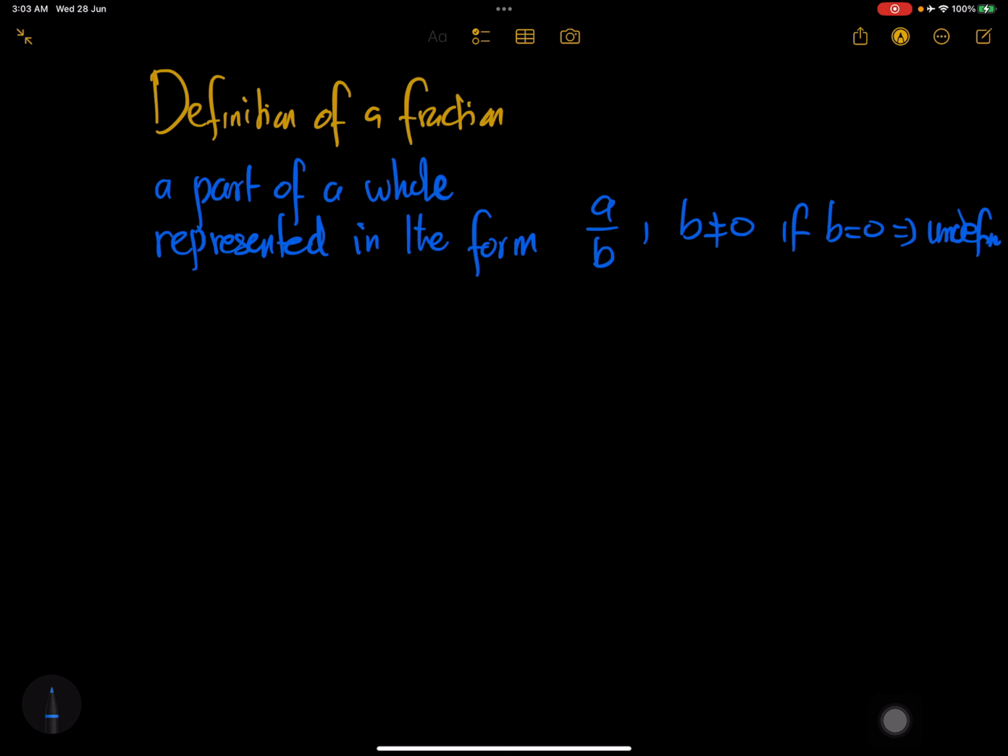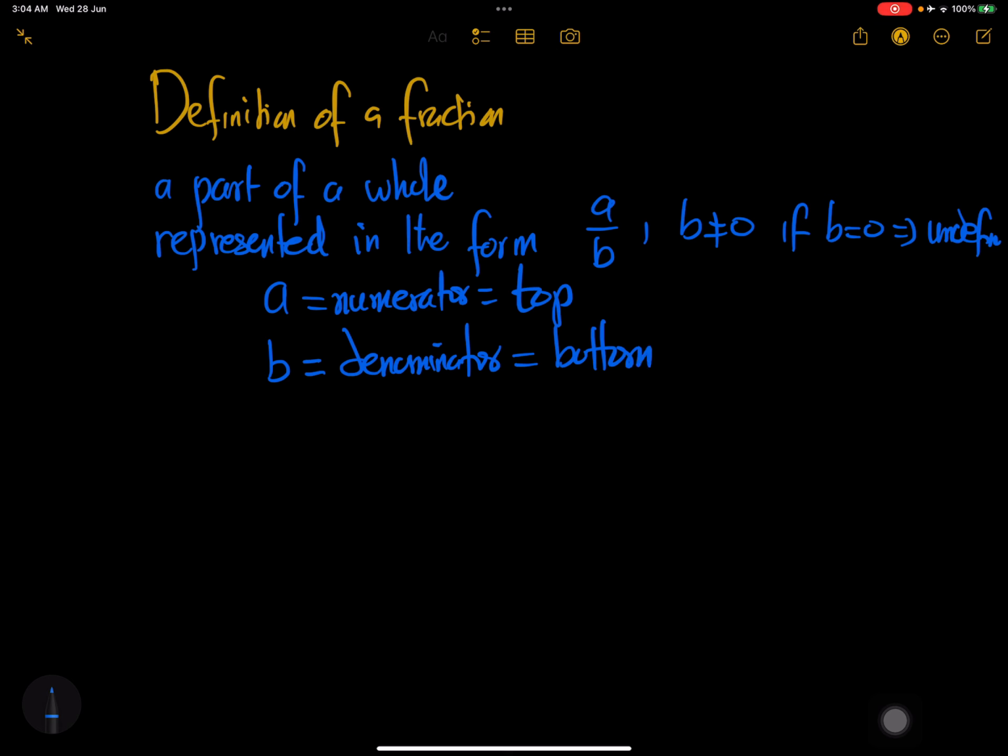So a fraction is a part of a whole, and it's represented in the form A over B. The A there is the numerator, the one on top, and the B is known as the denominator, which is the bottom one.